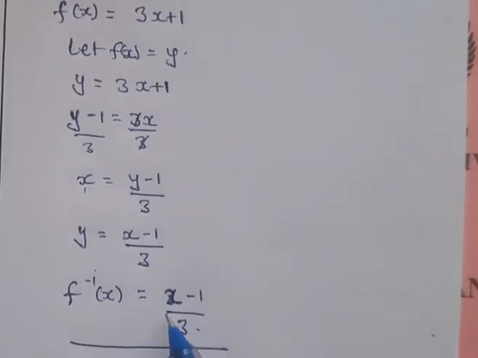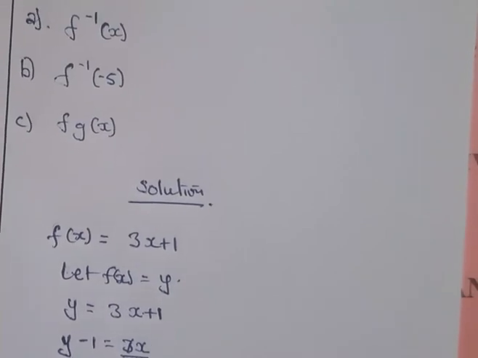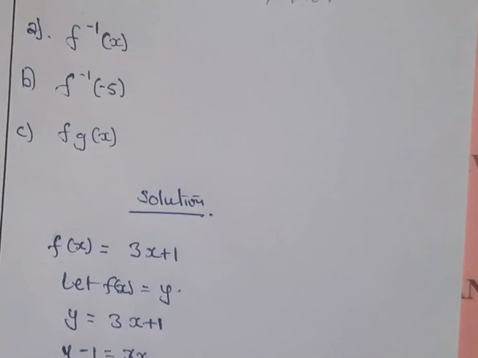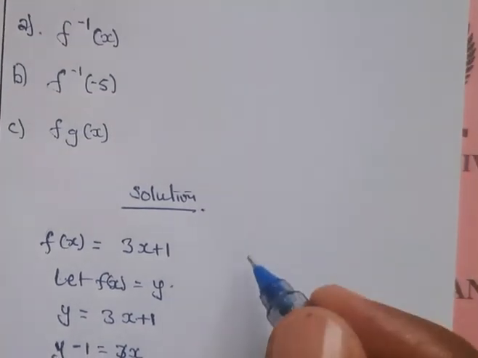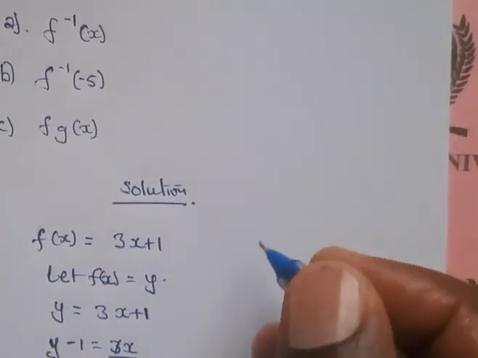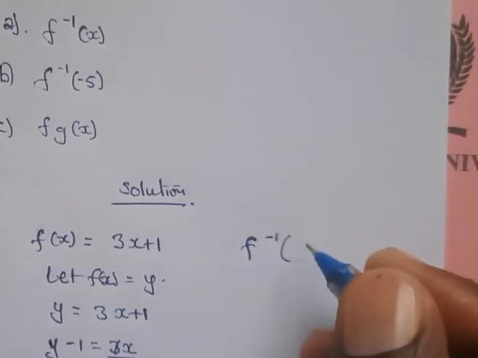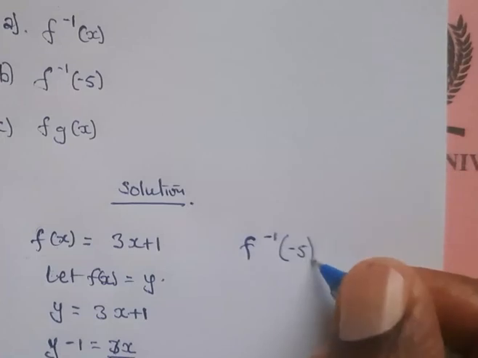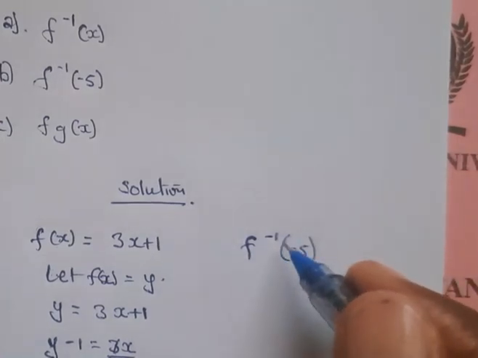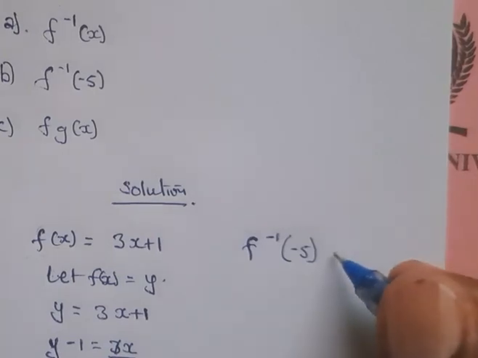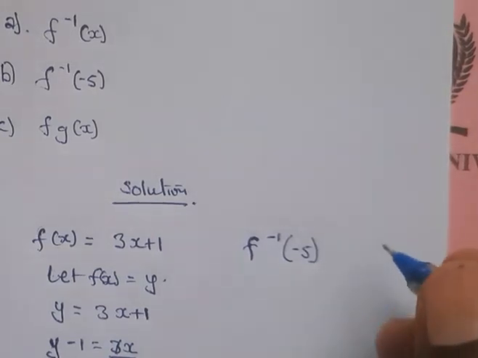And where there's x, we want to put -5, the one they're talking about. Let me just solve it here. So we have the inverse function of -5 of x.